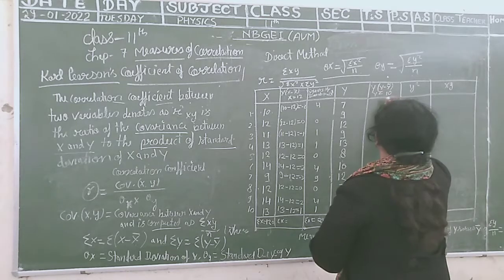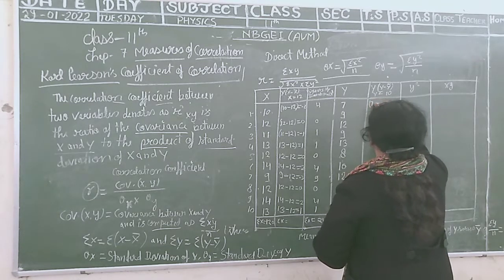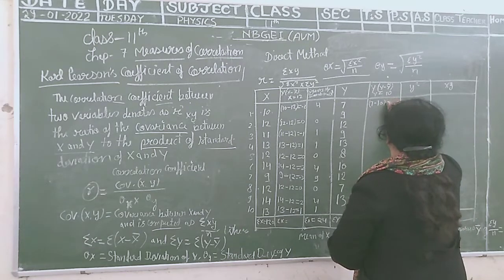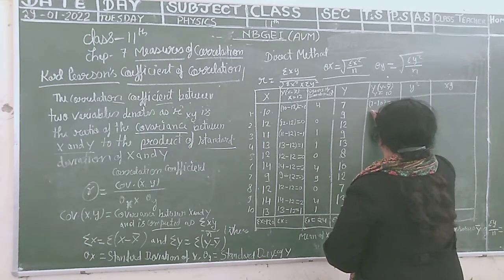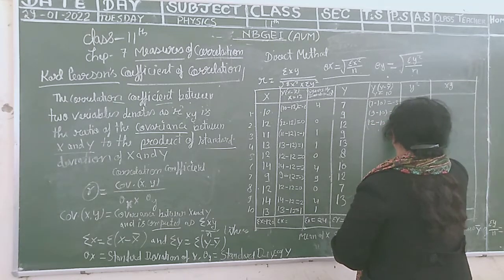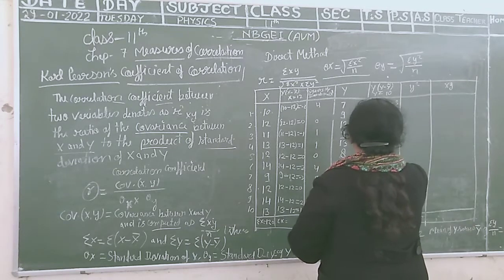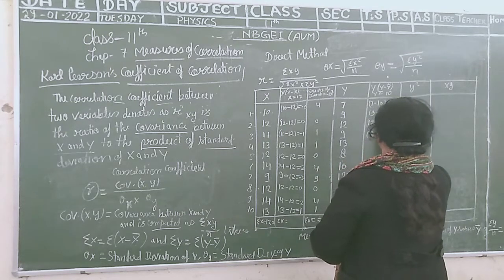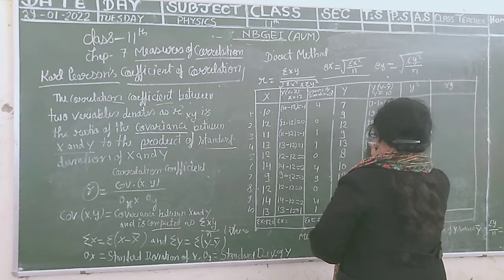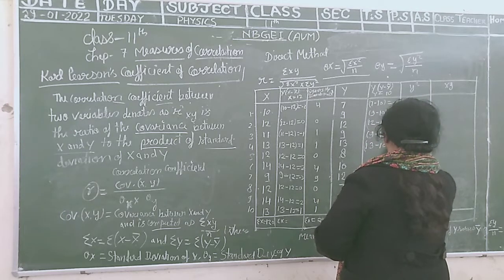For y, how to calculate? Firstly write down here 7 and then 10. Minus 3, and 9 minus 10 equals minus 1, 12 minus 10 equals 2. 9 minus 10 equals minus 1. 13 minus 10 equals 3.